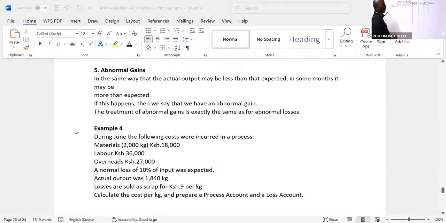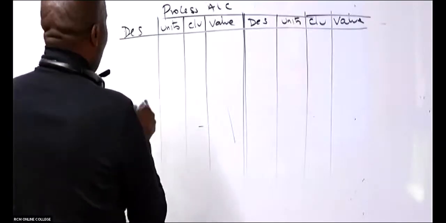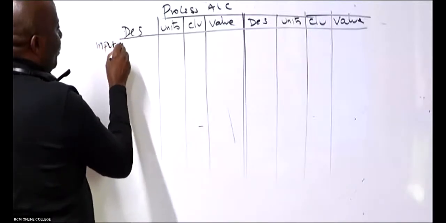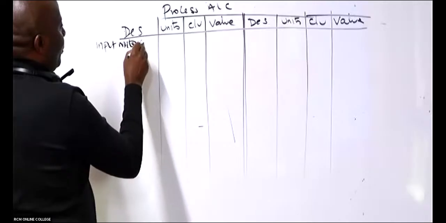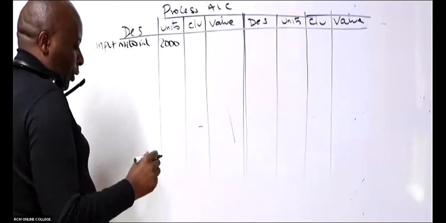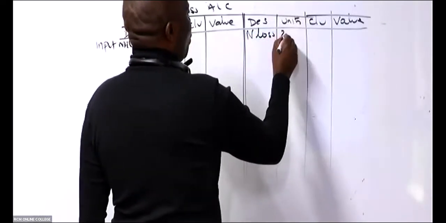All right. Now, ladies and gentlemen, after that, we should be able to post our throughput. Start always with the throughput. For example, we had input material cost $2,000. We had normal loss 200.